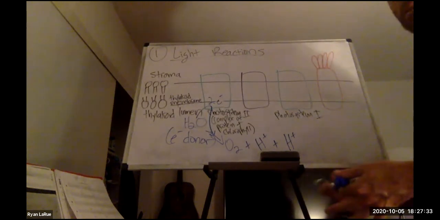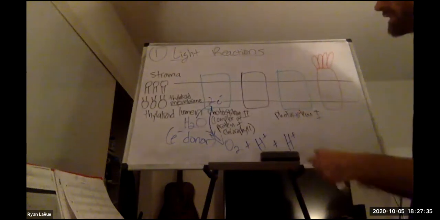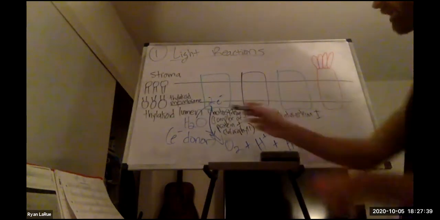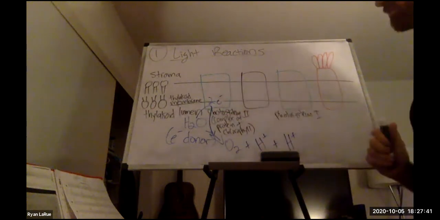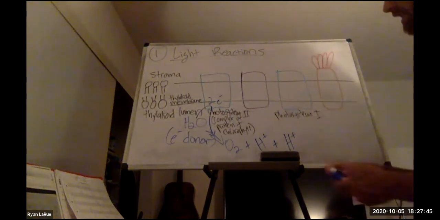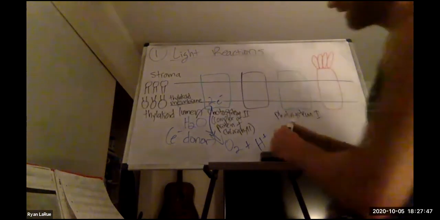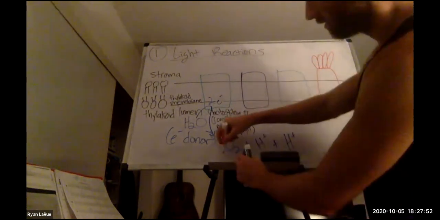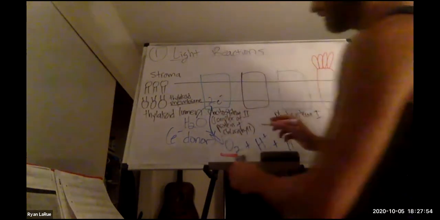So oxygen that's released into the atmosphere from photosynthesis comes from this very first step, where electrons from water are donated to the first photosystem called photosystem 2. And then there's our oxygen byproduct. So there's our oxygen, byproduct of this first step.